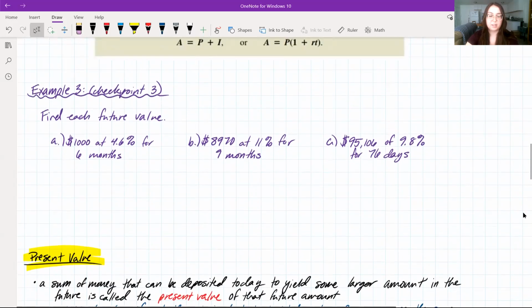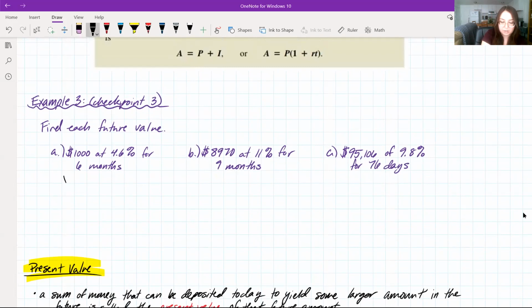So now let's work with example 3. We want to find the future value of each one of these borrows or investments. For part A, we have $1,000 at 4.6% for 6 months. We want to use our equation here, and we know that P is equal to 1,000.